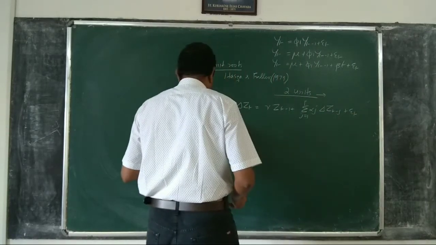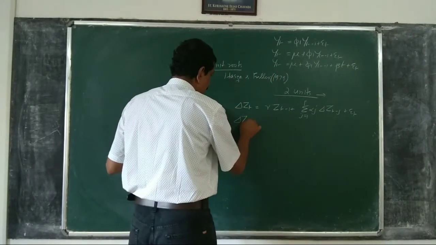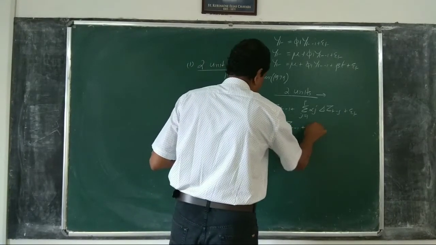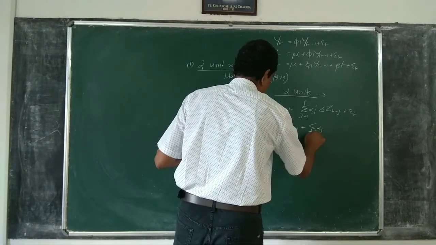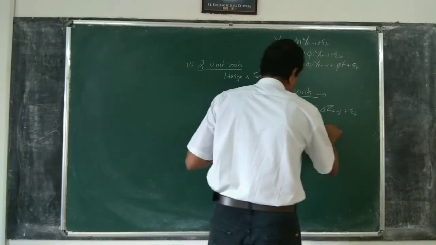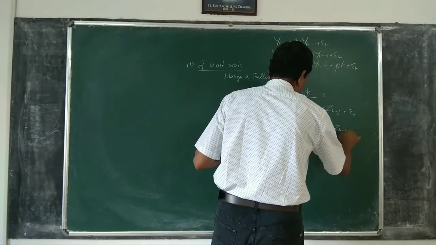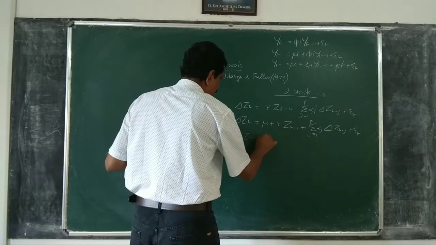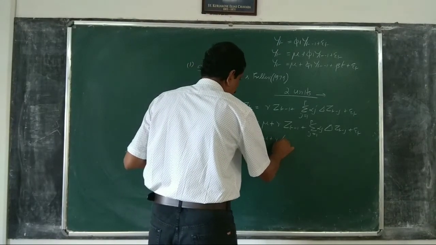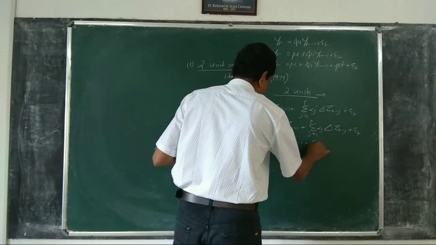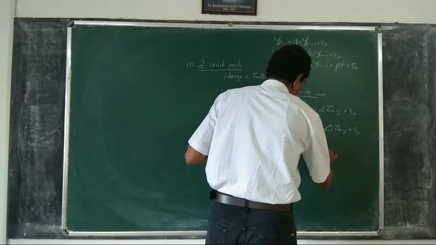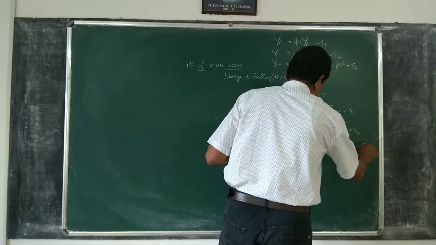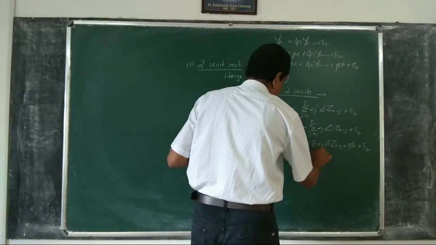Then delta zt is equal to mu plus gamma zt minus 1 plus sigma alpha j delta zt minus j, j equal to 1 to p, plus epsilon t. Then delta zt is equal to mu plus gamma zt minus 1 plus sigma alpha j delta zt minus j plus beta t plus epsilon t, j equal to 1 to p.